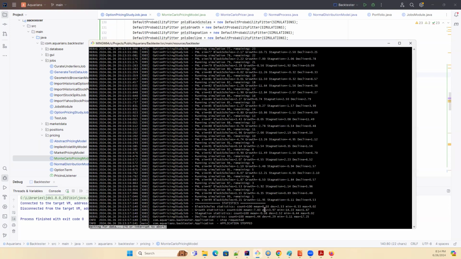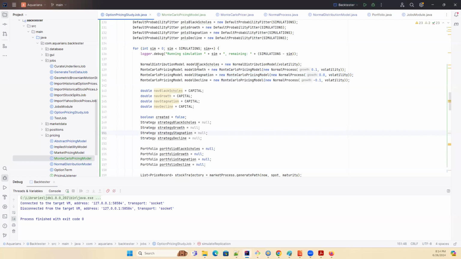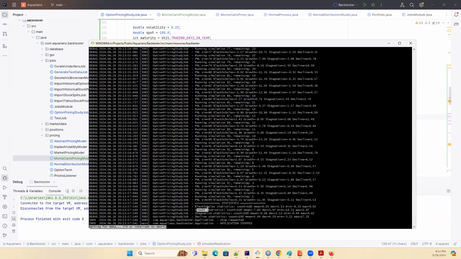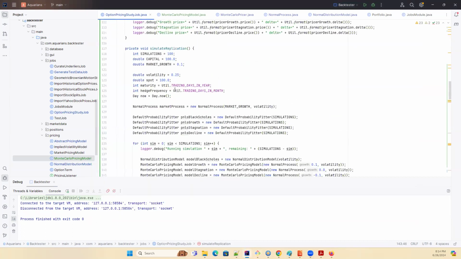Well, Black-Scholes and the Monte Carlo model are again around 0. And even though we used the same growth rate as the market, we are still losing money with the growth model, and in the decline model we are making money. So it makes no difference whatsoever.